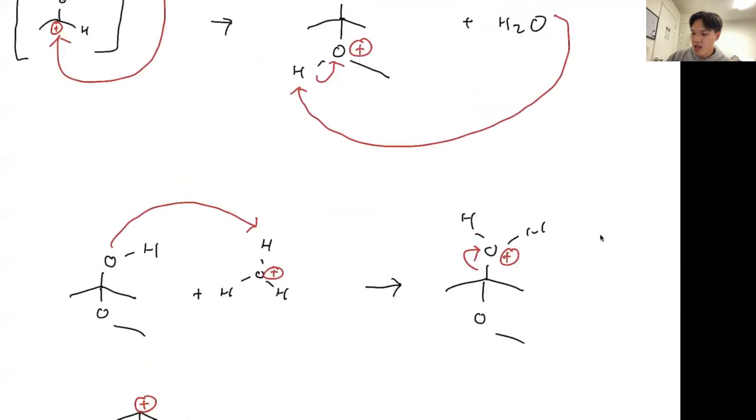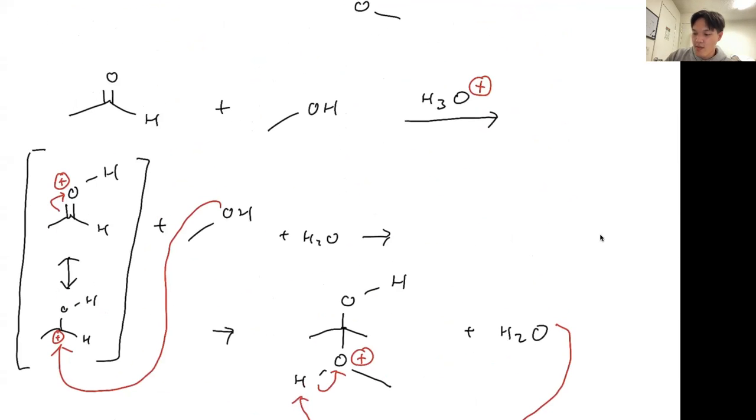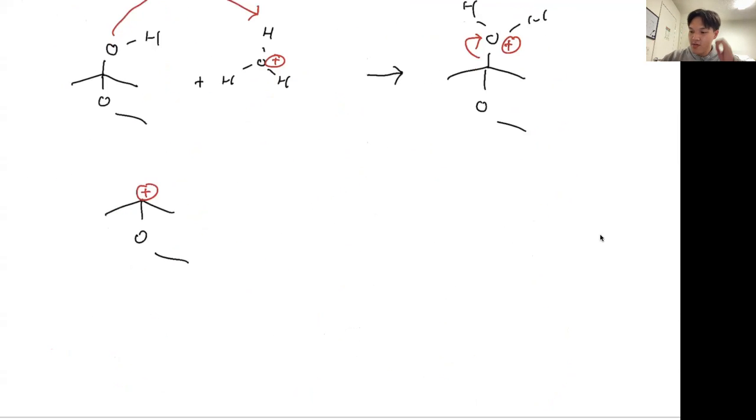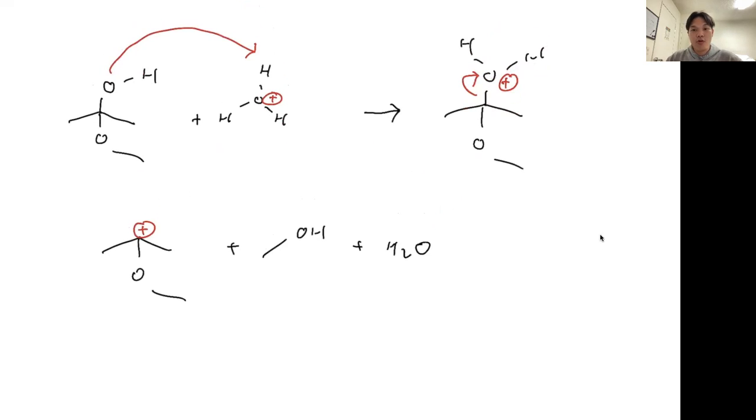And then usually we make this in excess so that it can react again and again and again. So now we can still react it with a methanol, and then we still have our water here. Because if we react it with water again, it'll just go back to this tetrahedral intermediate, which is, as you know, not what we want, and it's not the best thing to do.